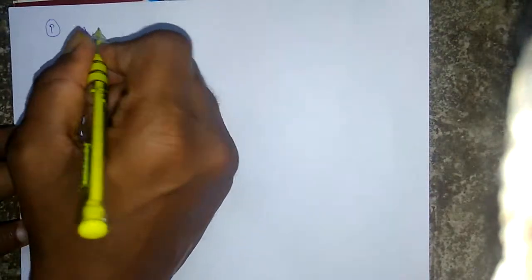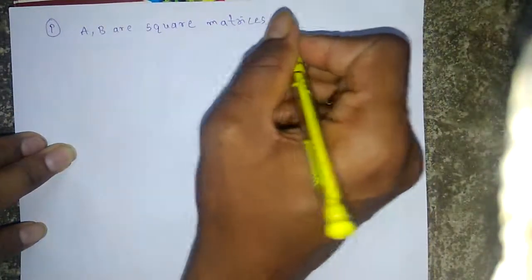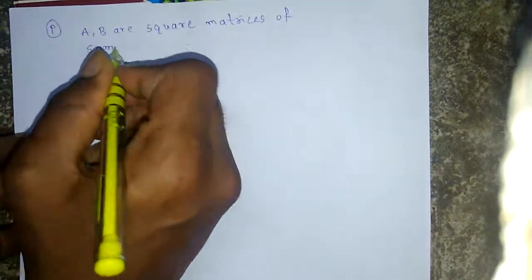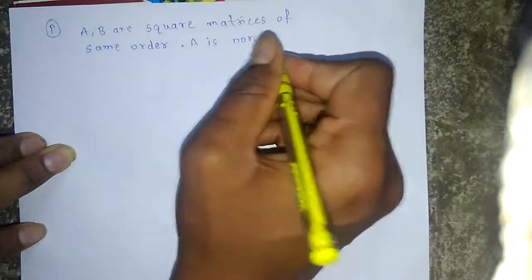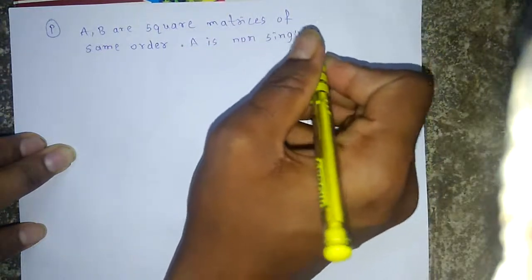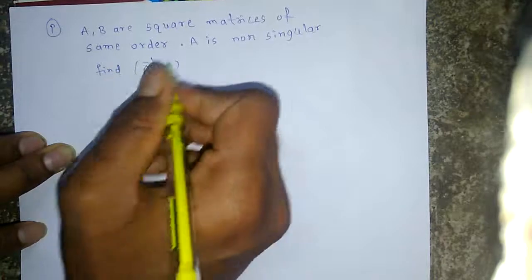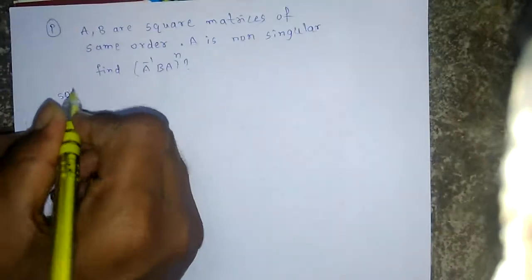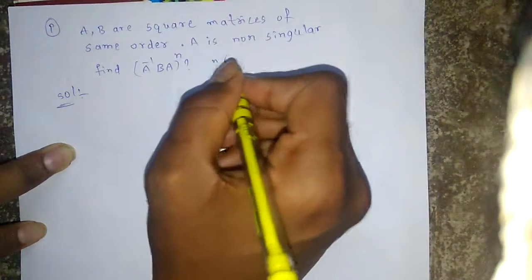So our next problem is, if A, B are square matrices of same order and A is non-singular, then find A inverse BA whole power n, where n is a positive integer.